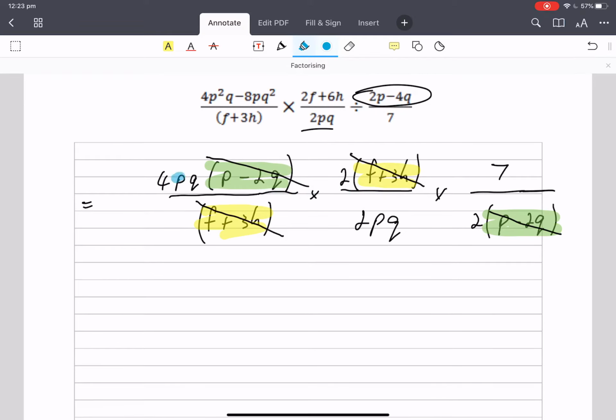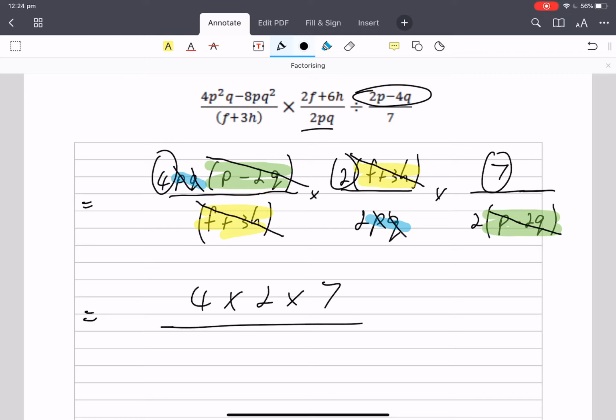Can you see that there's a P and a Q there and a P and a Q there? So guess what? I don't know what P and Q are, but the P cancels and the Q cancels. Whew. So what's left? I've got a 4, a 2 and a 7. The only thing left on the bottom is this 2 and that 2.